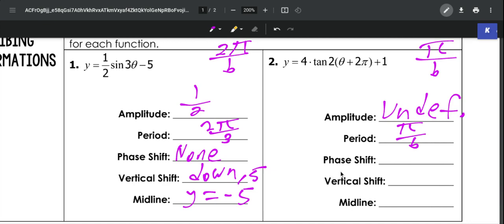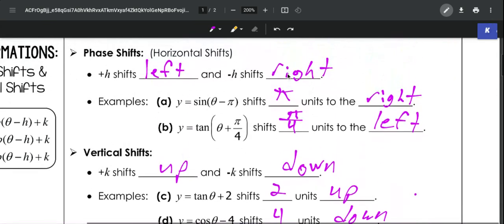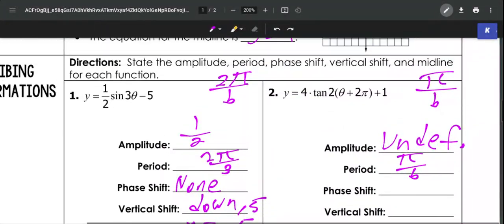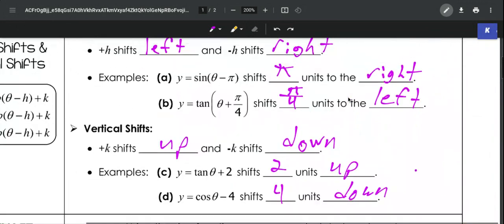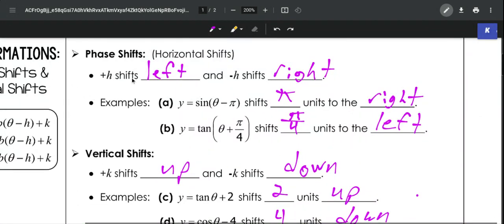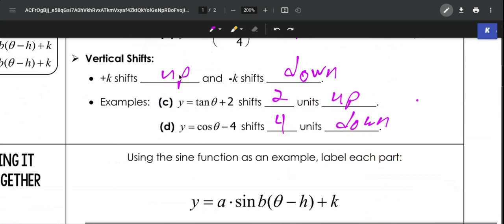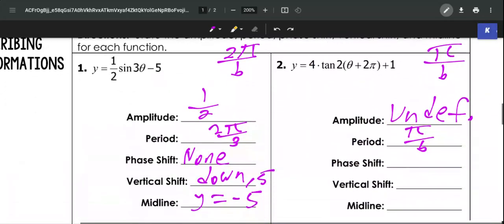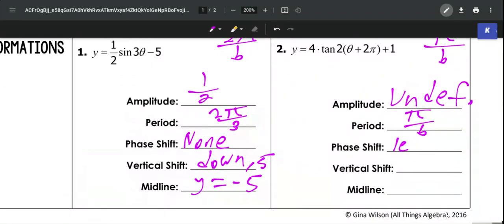Now we do have a horizontal shift here, or a phase shift, because we have these parentheses. Going back up top, we have plus 2 pi. When we have a plus h shift, that means we're going to the left however many units that is. So we're going left 2 pi units.